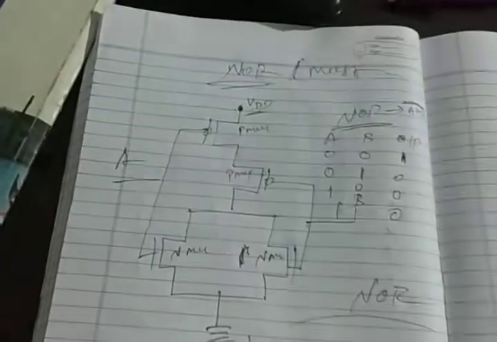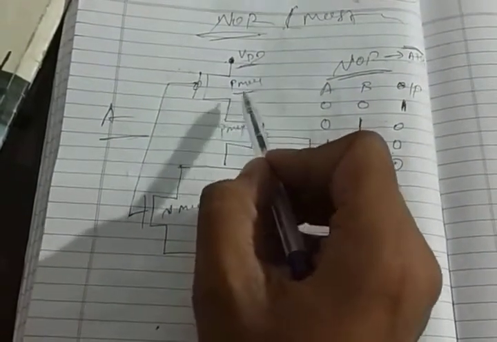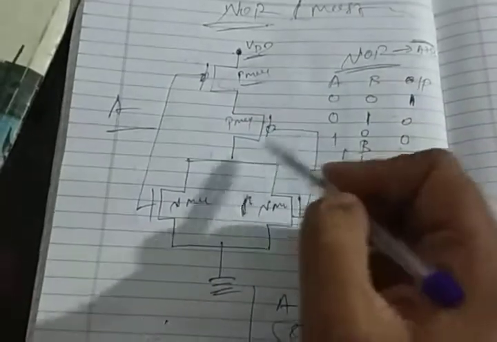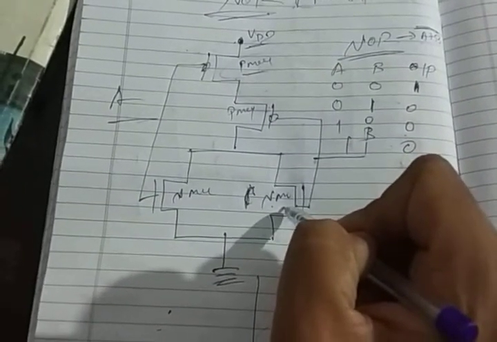So in this circuit, look at it. When we apply 0, then PMOS activates, and when you apply 1, then NMOS activates. So take the output through this terminal.